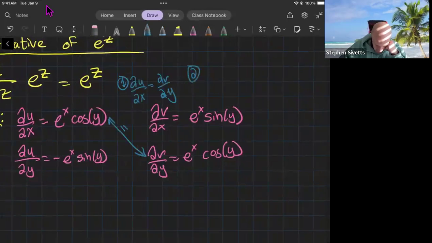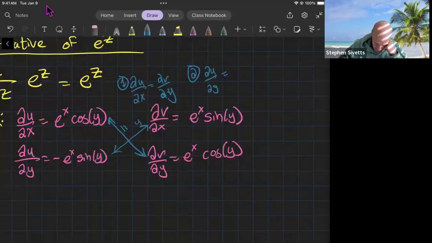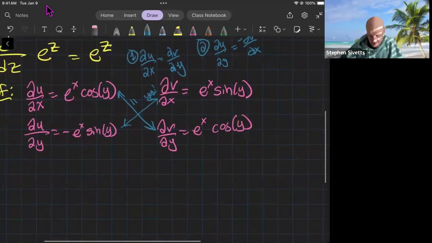The second is that the partial of u with respect to y does equal minus the partial of v with respect to x. So they do satisfy.